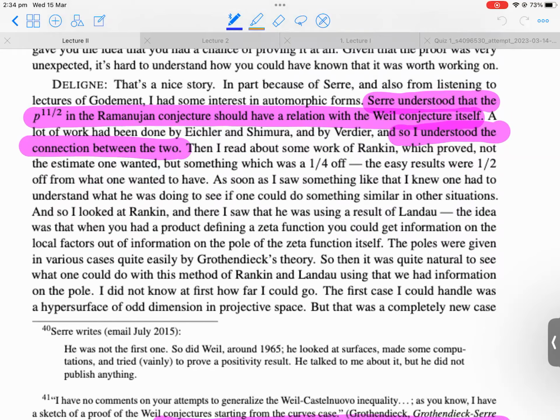Serre understood that the p to the power 11 over 2 in the Ramanujan conjecture should have a relationship with the Weil conjecture itself. I understood the connection between the two, and later on he says that in fact he got motivation for key parts of proving the Weil conjectures from the theory of automorphic forms that was being developed by Langlands and Godement and others.